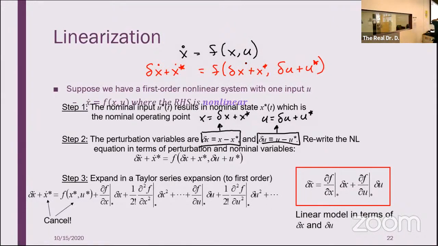So I'm just showing you what's under the hood: how did we get from x and u to delta x plus x star and delta u plus u star? That's all. And then the third step is we take that equation and we expand it in a Taylor series expansion.